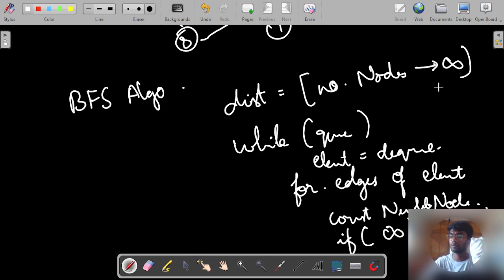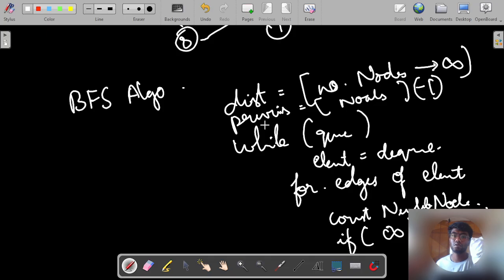And next we will also have a previous array, which will be an array of n nodes filled with -1. This is helpful to get a relationship between a specific node and a third degree relationship like we talked about. So if this is infinity, we update distance to +1 with the element node.